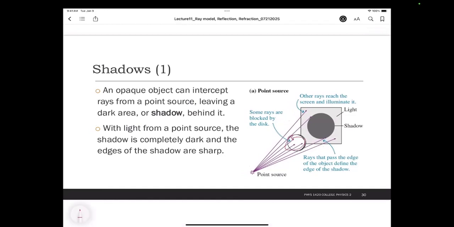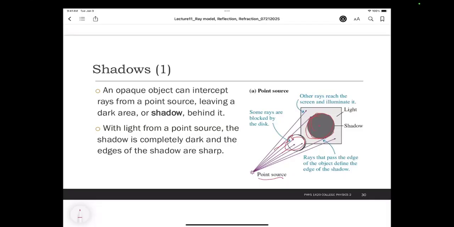It can intercept rays from a point source, leaving a dark area. Here there is a shadow behind it. With light from a point source, the shadow is completely dark, and the edges of the shadow are sharp.